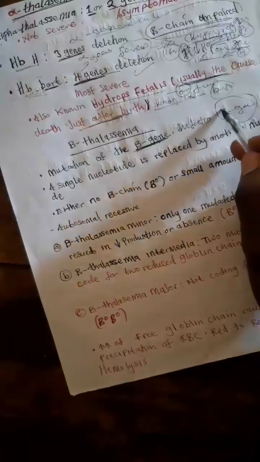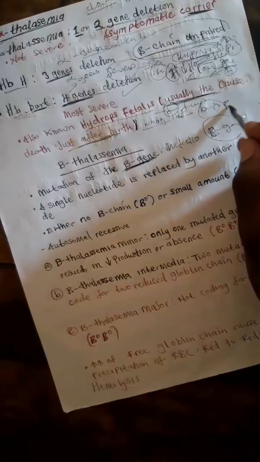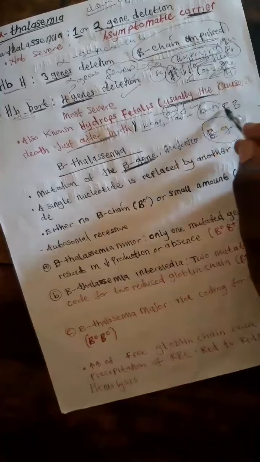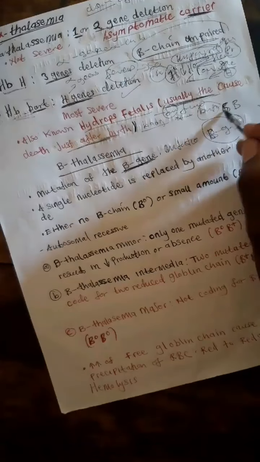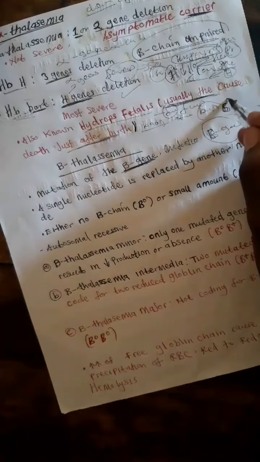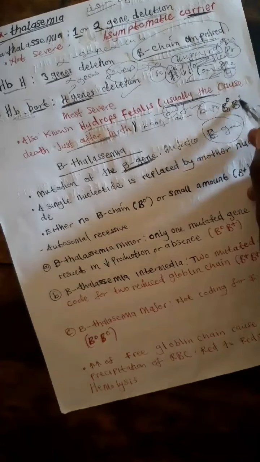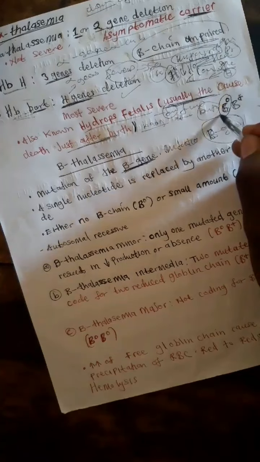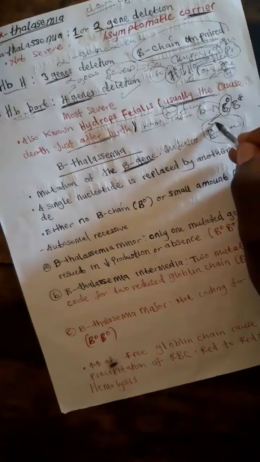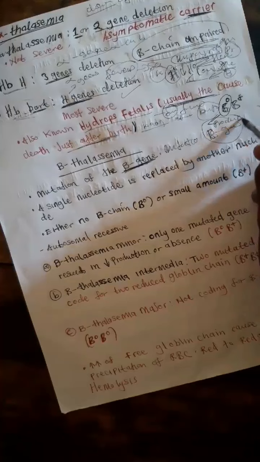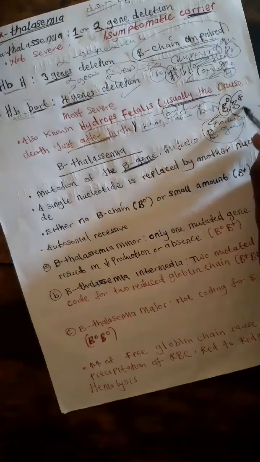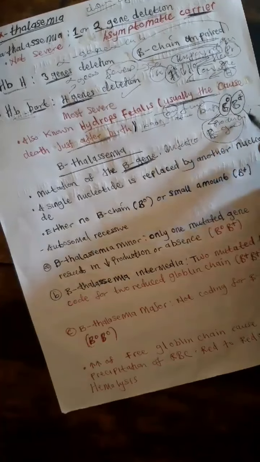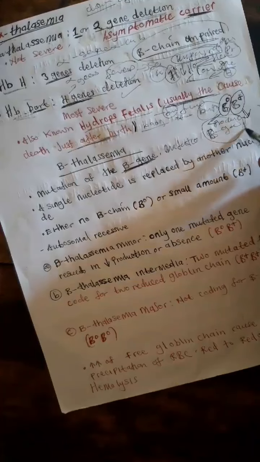This means that this gene can produce 2 types of genes, which can be beta-zero or beta-plus. Beta-zero simply means there is no production of the beta chain. Then beta-plus simply means there is production, but the production is very small.